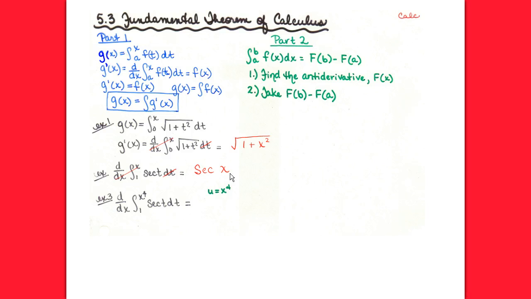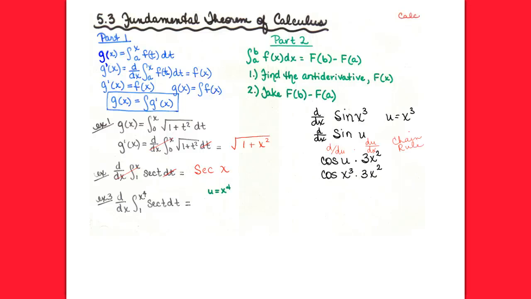All right, let's take a rabbit trail here for just a second. Remember when we did chain rule with derivatives, okay? Like if I had the derivative of sine x cubed, we were not allowed to take the derivative of a quantity, so we had to use u substitution. So we would say, okay, let's let u be equal to the quantity, since that's what's causing us trouble. And so then we would be left with just the derivative of sine u.